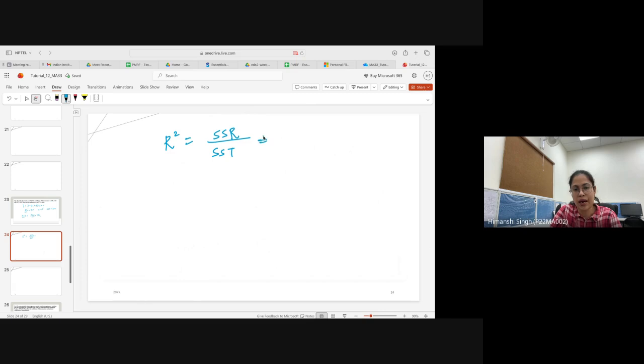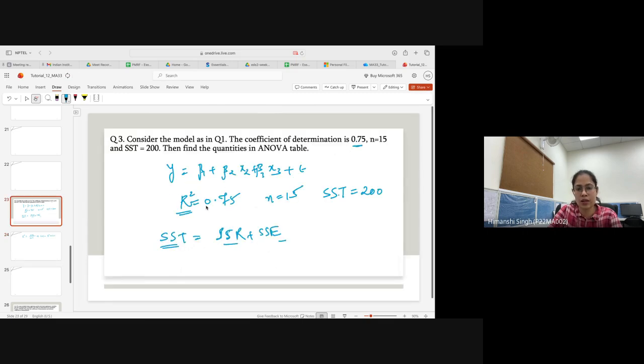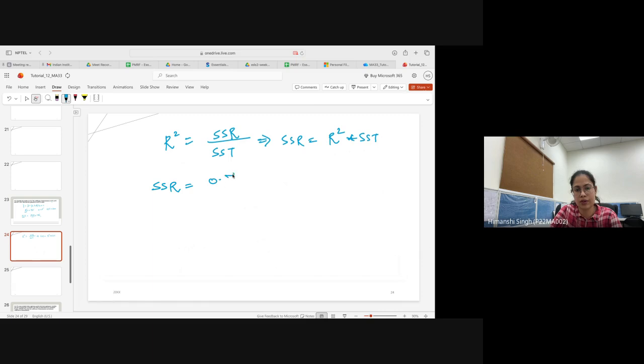Which implies that SS regression is R square into SS total. So SS regression will be R square, 0.75, and SS total is 200. So this quantity will be 75 multiplied by 2, I think it will be 150.